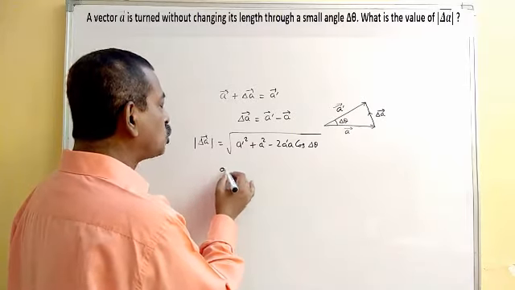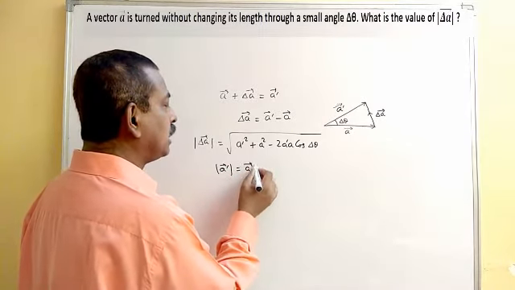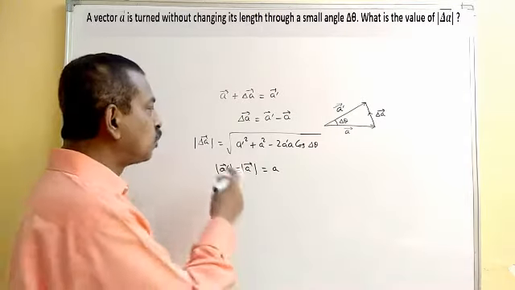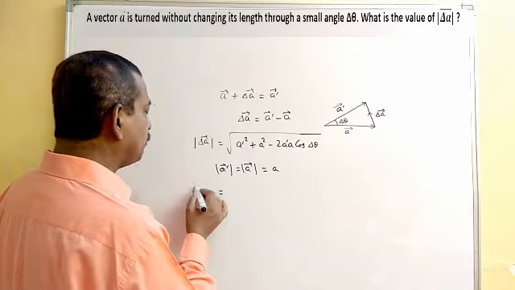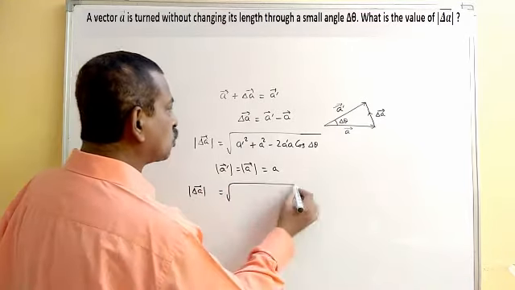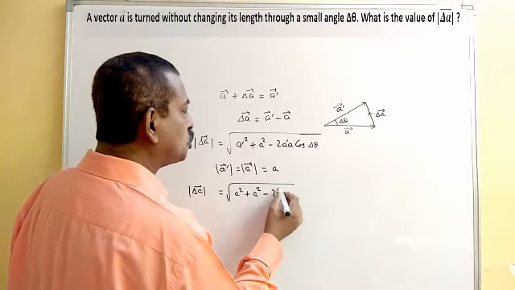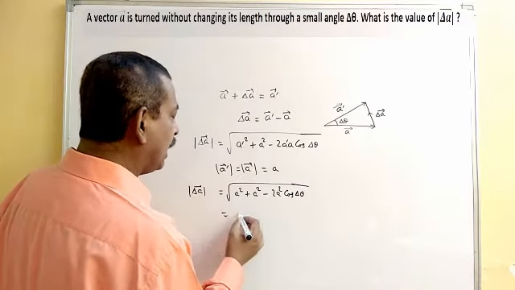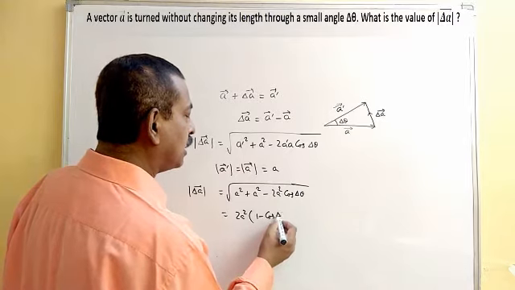Also, the magnitude of A dash vector is the same as the magnitude of A vector, and let it be represented as A. So delta A vector magnitude is the square root of 2A square minus 2A square cos delta theta, which can be written as 2A square times (1 minus cos delta theta).